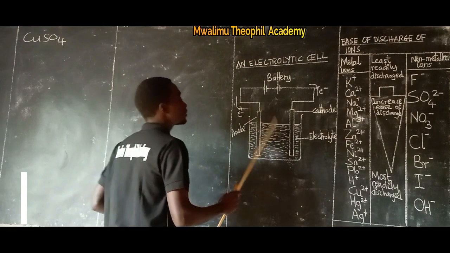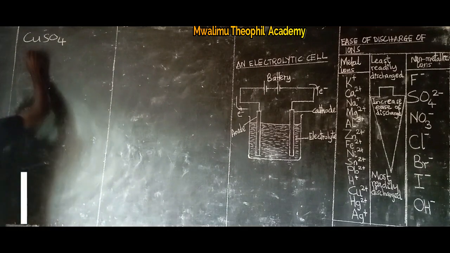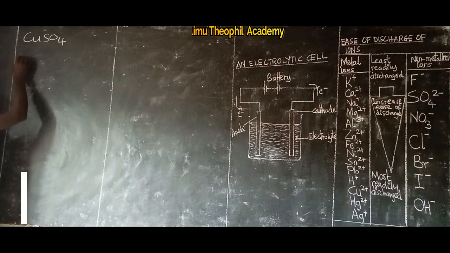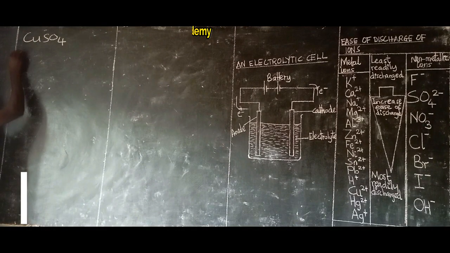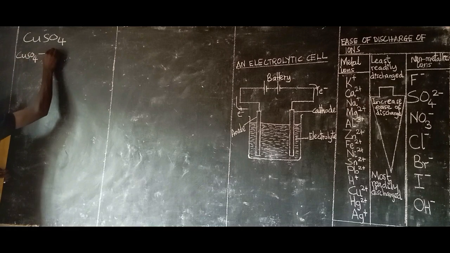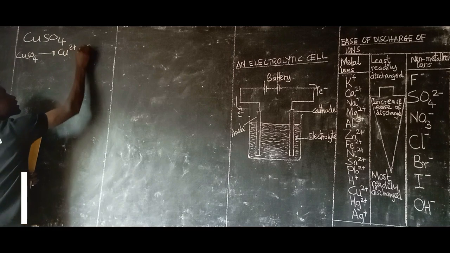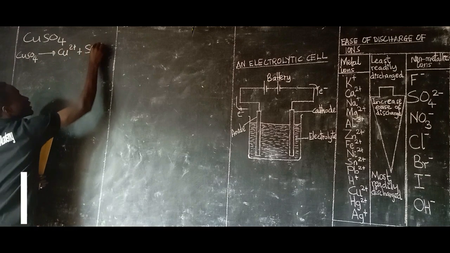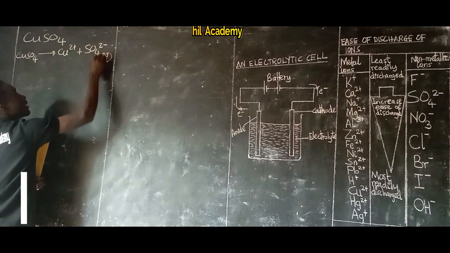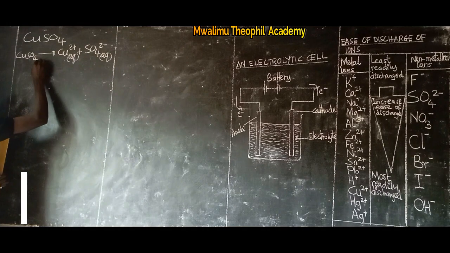Which possible ions do we have in this solution? Let us first see the dissociation of copper 2 sulfate. Copper 2 sulfate will dissociate to form copper 2 ions and sulfate ions, as you may see here.